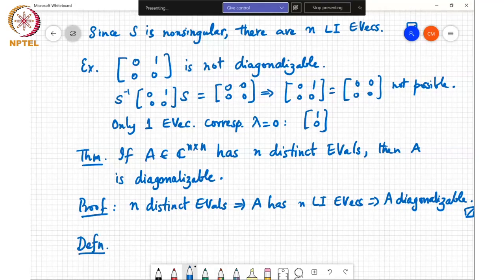So a related question: is it possible that there is a single similarity matrix that will diagonalize two different matrices?